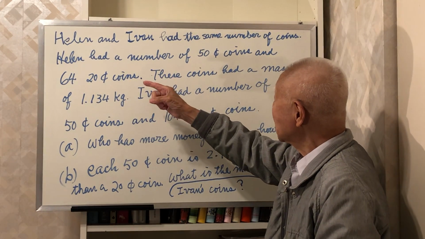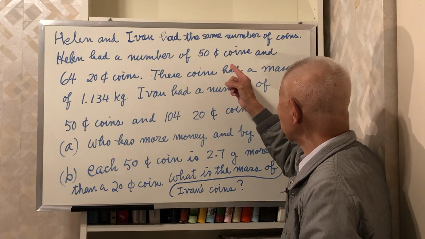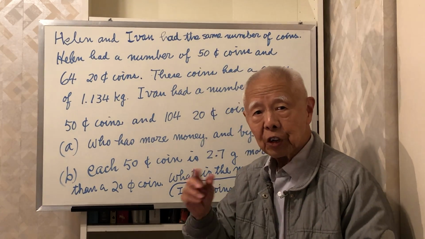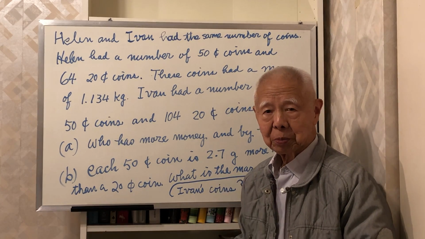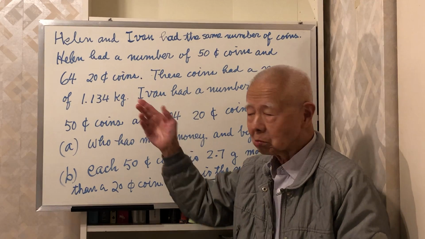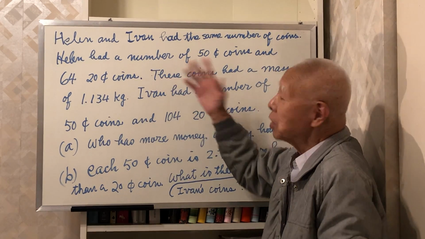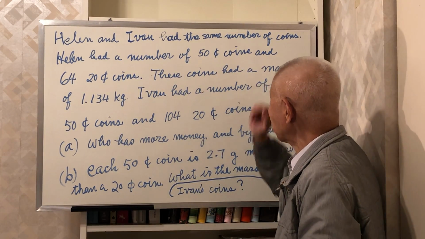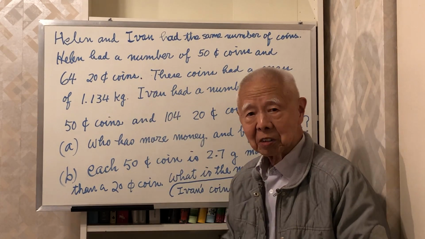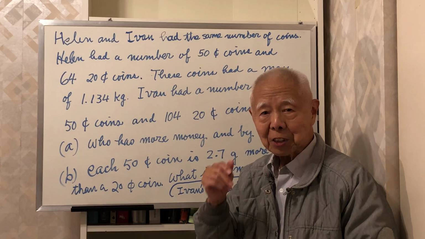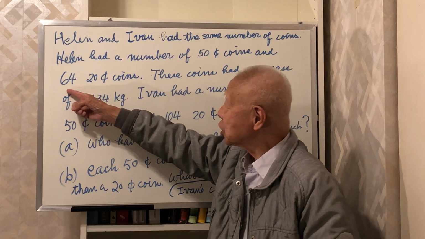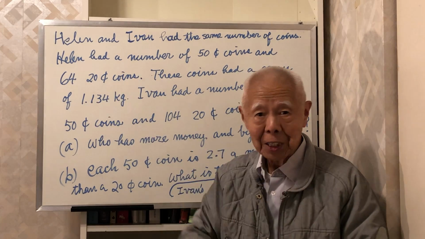Helen had a number of 50-cent coins. Now, how many are there? No, it's not given. So just a number of 50-cent coins. And also, Helen had 20-cent coins, and this number is known: 64 20-cent coins.